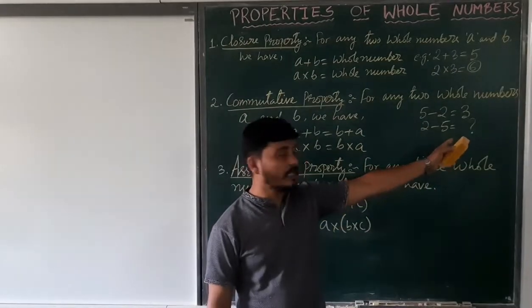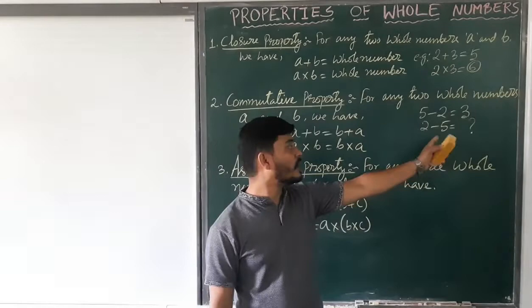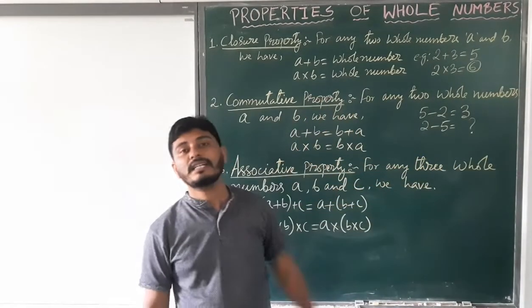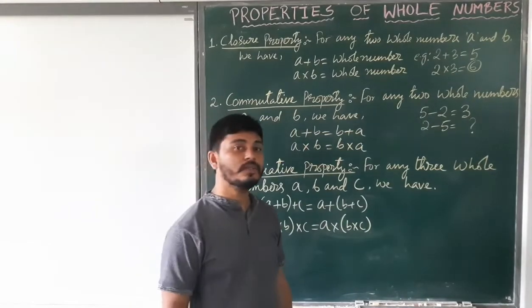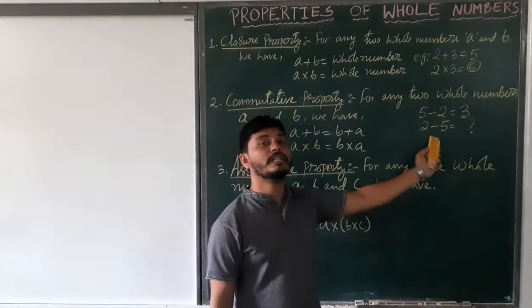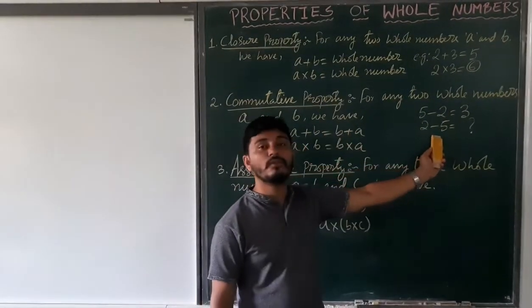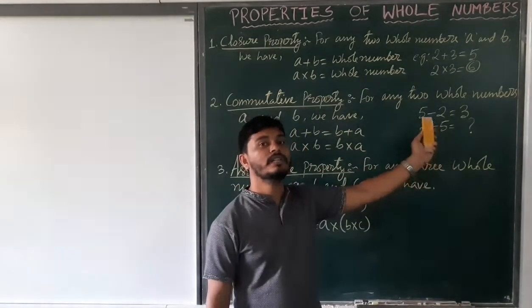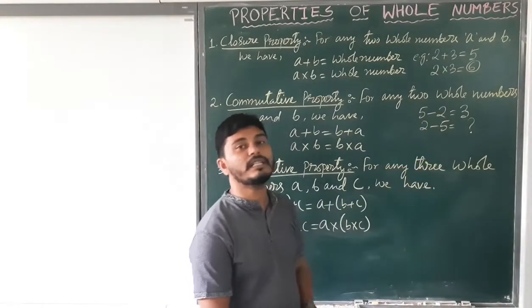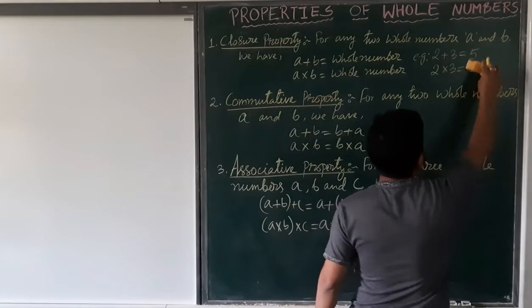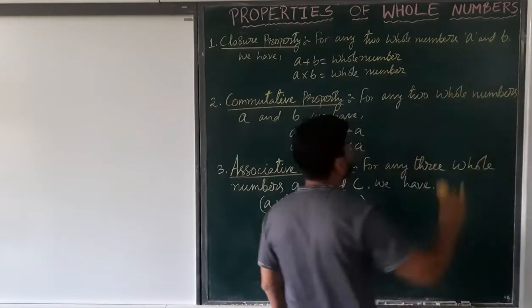It will be a negative number, but till now we did not learn this, which we will be learning in the next chapter. So till then we don't know what 2 minus 5 is equal to. So the closure property does not hold in case of subtraction. Similarly, in case of division also the closure property will not hold.